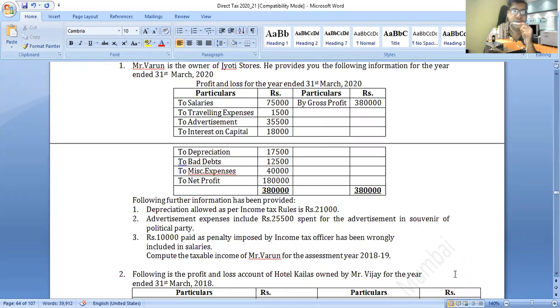Third, rupees 10,000 paid as penalty imposed by income tax officers has been wrongly included in salaries. Compute the taxable income of Mr. Varun for the assessment year that we have to change right now, 2020-21.